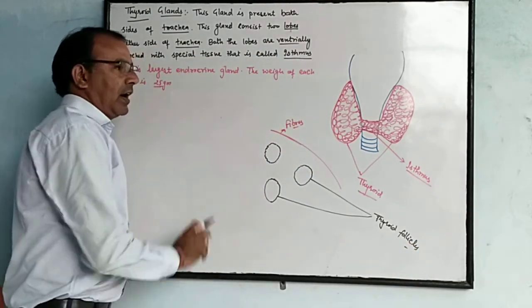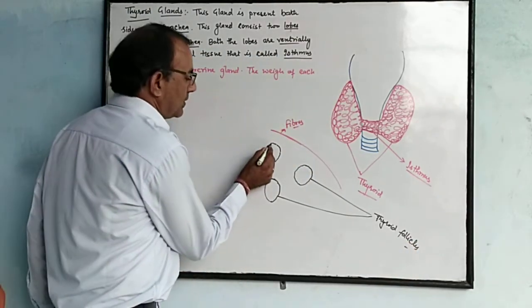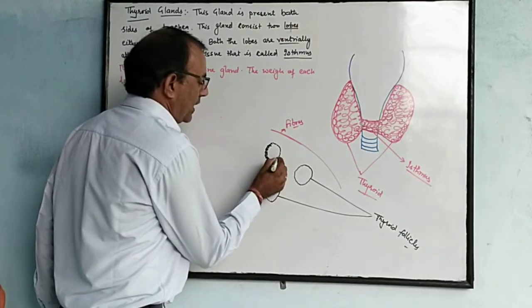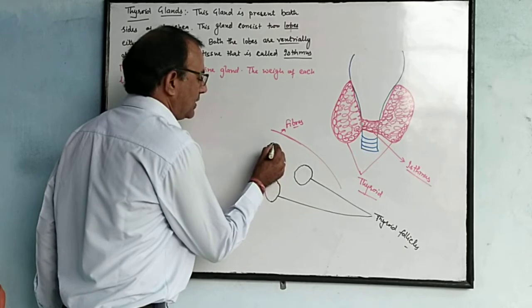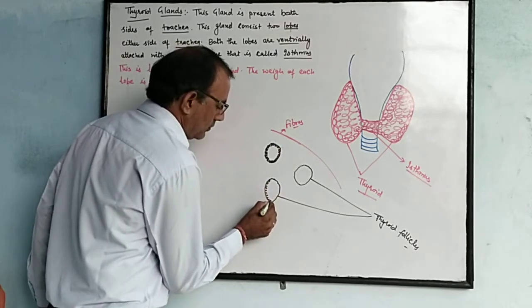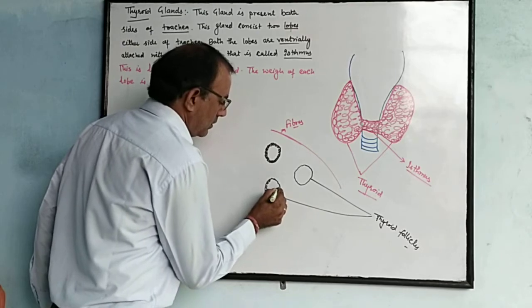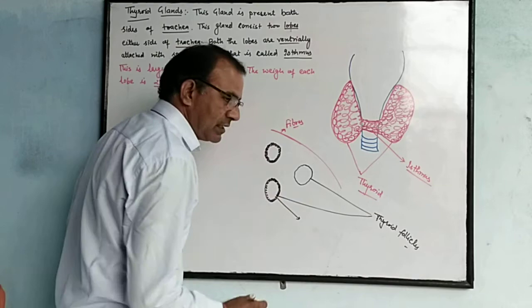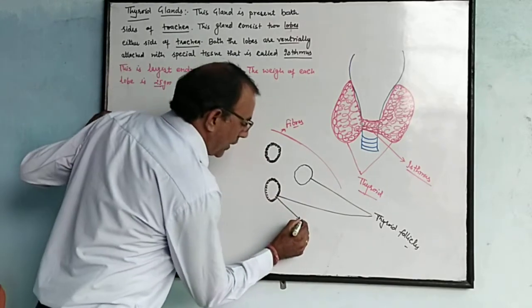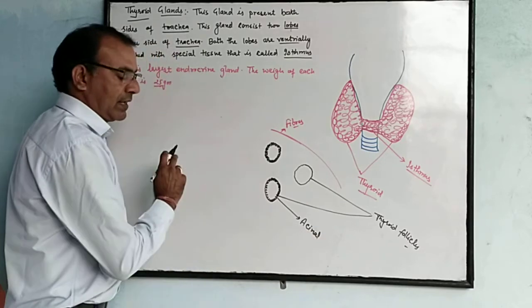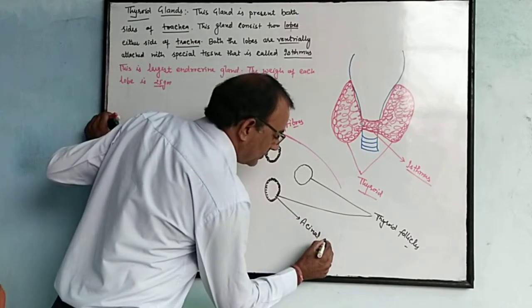Just inside the thyroid follicles there are many cells, known as follicular cells as well as acinar cells. At the epithelial layer there are many cells present. These are known as acinar epithelium follicular cells or acinar cells.